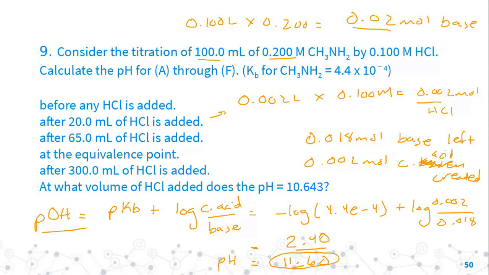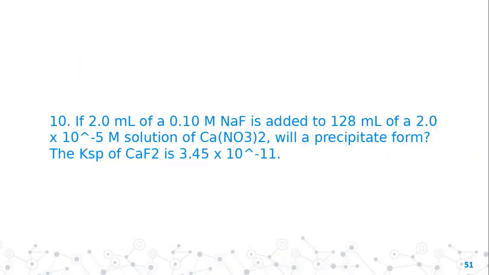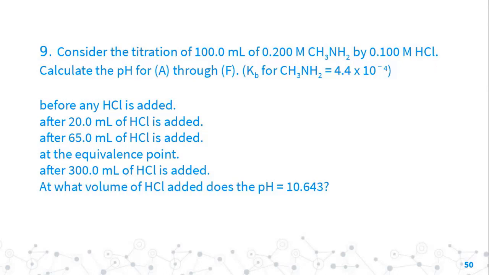Conjugate acid was created. And so here's your Henderson-Hasselbalch version of the pOH, in case you guys haven't seen that. All right, so I'll move on to the next one. Oh, sorry. We're technically still on this one.